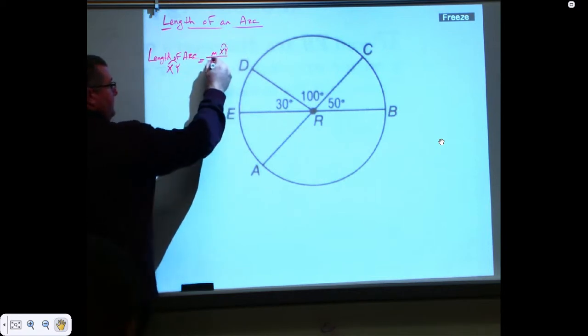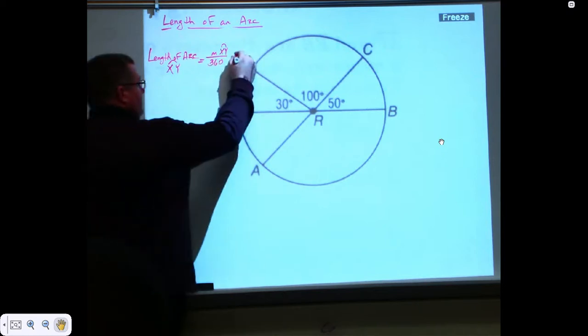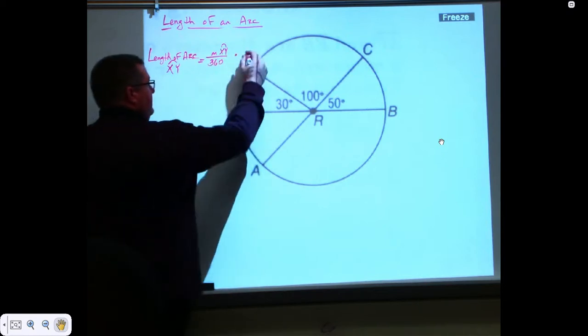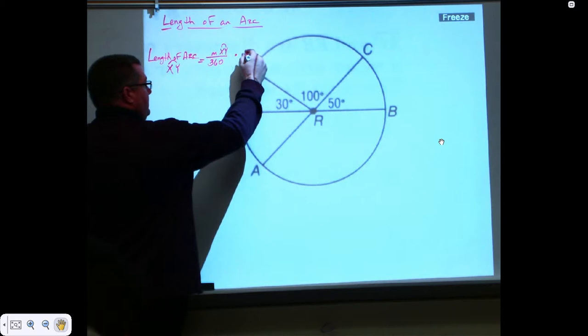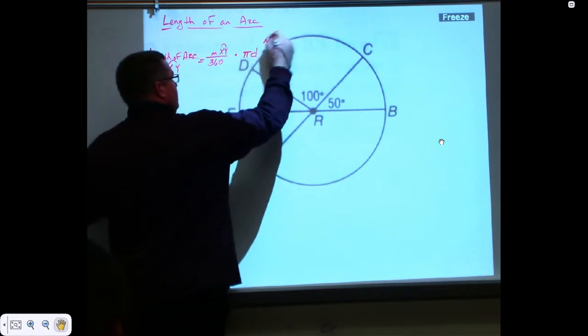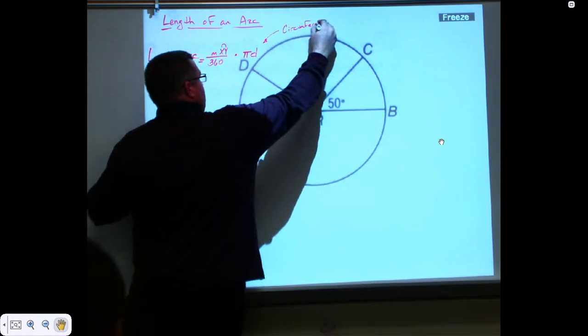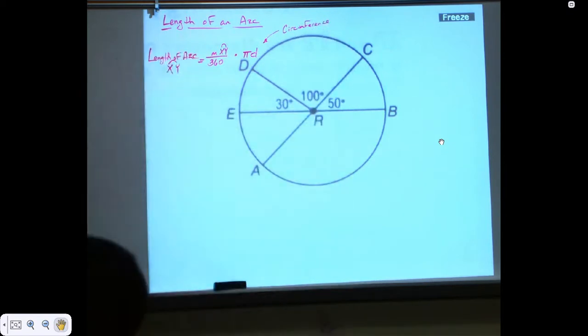How many degrees are in a circle? 360, times pi d, which what does that represent? Which is the circumference, correct? That's how you find arc length.